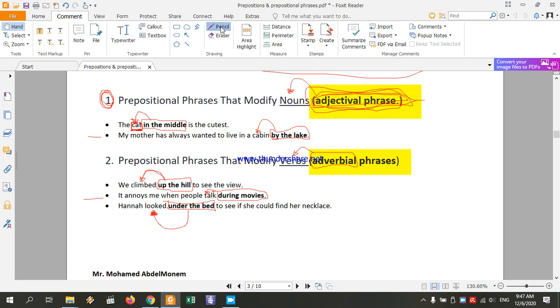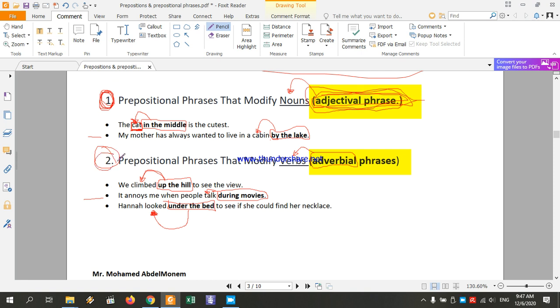So this is the second function. The first function is to act as adjectives, and in this case we call them adjectival phrases. They describe nouns, such as in the cat in the middle is the cutest. The phrase in the middle is used to describe or modify the word cat. This is the first function.